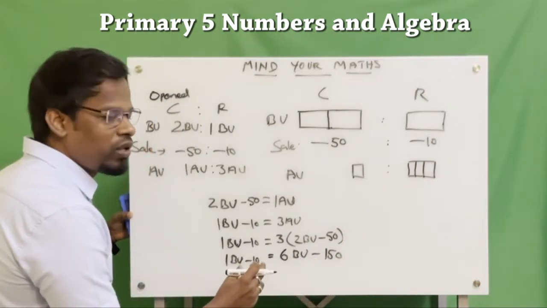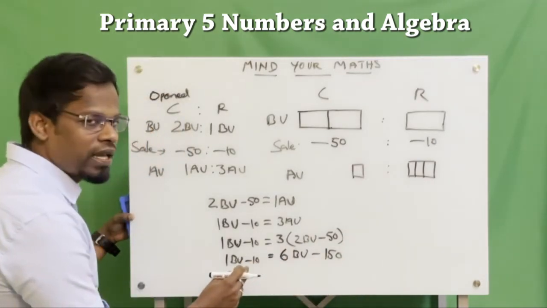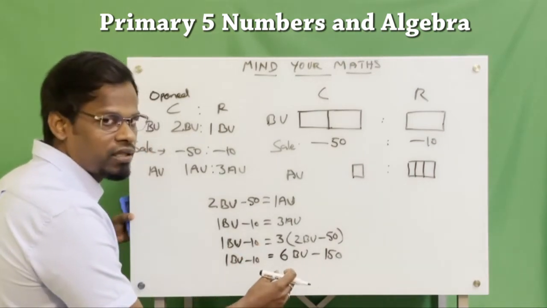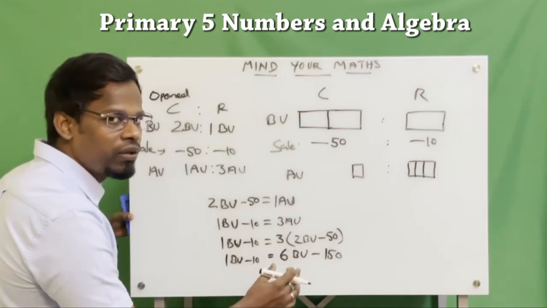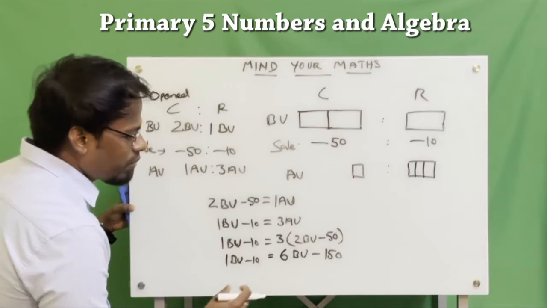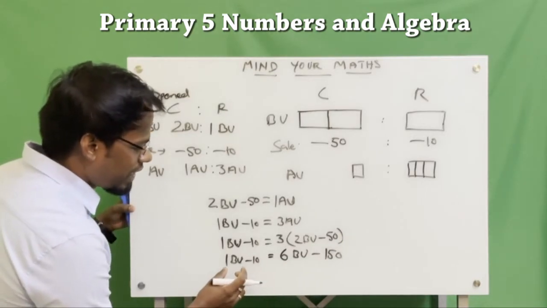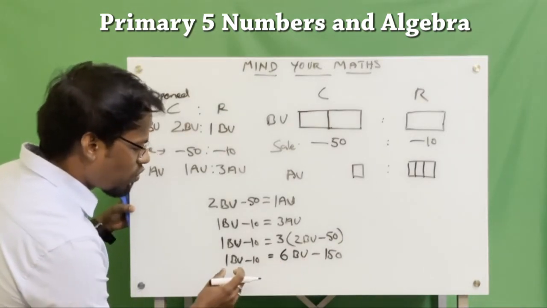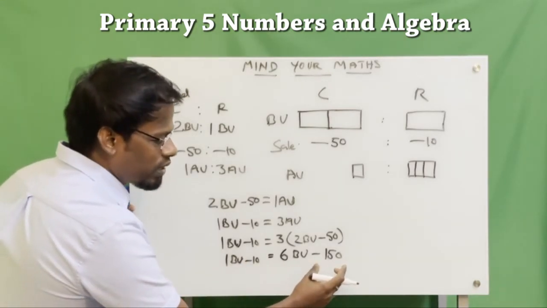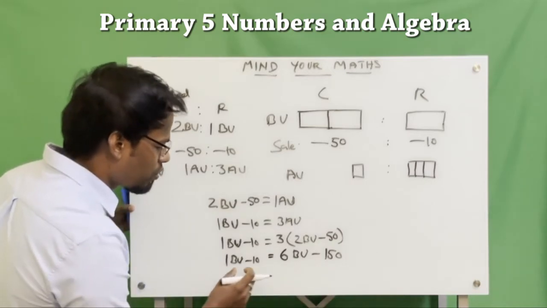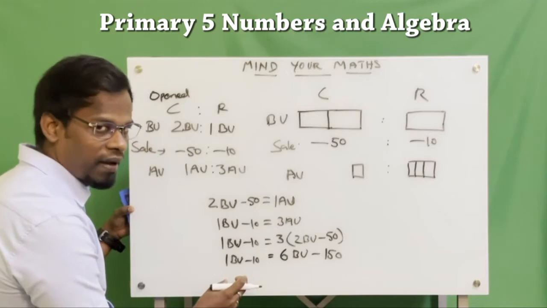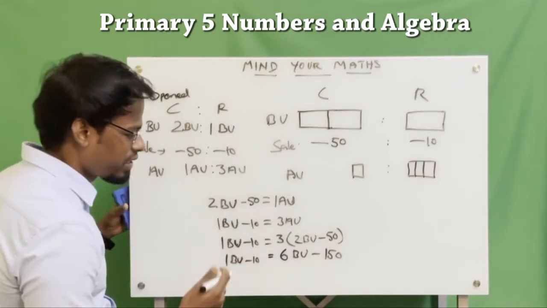Because the number for BU is less here and more here, let's move the lesser number to this side, and then we move the number 150 to the other side. Let's see how it translates.